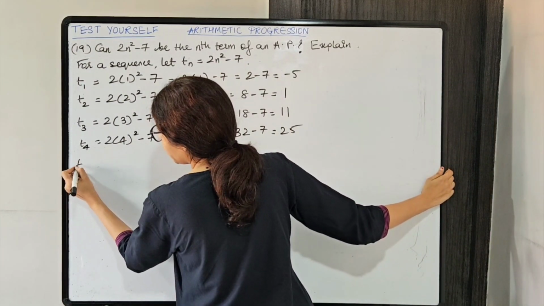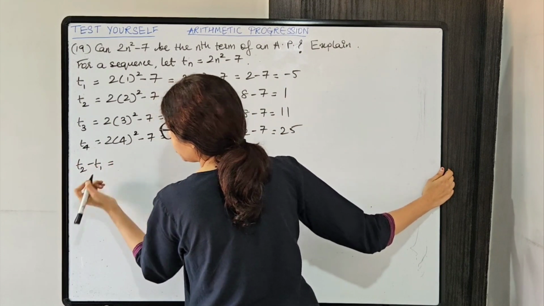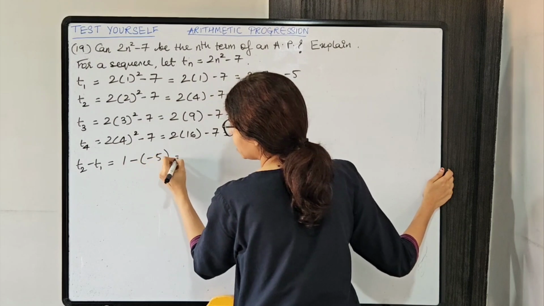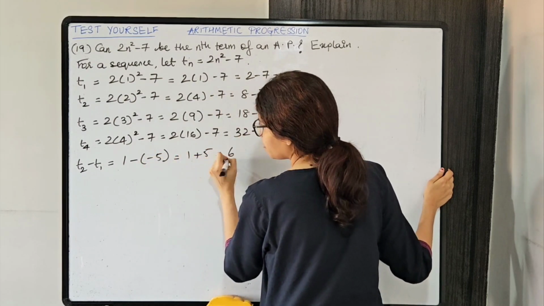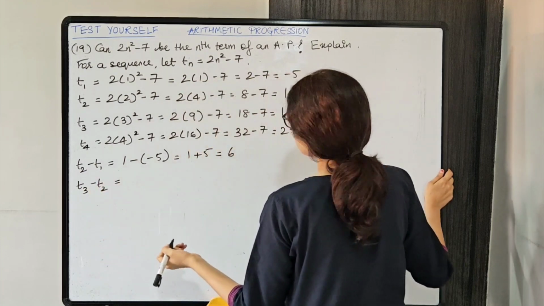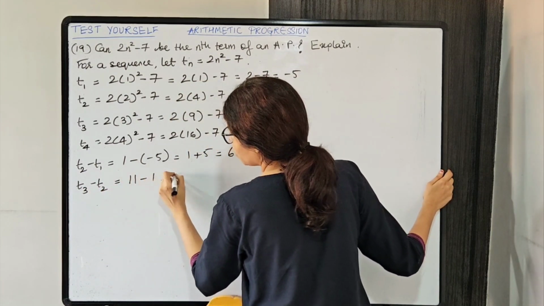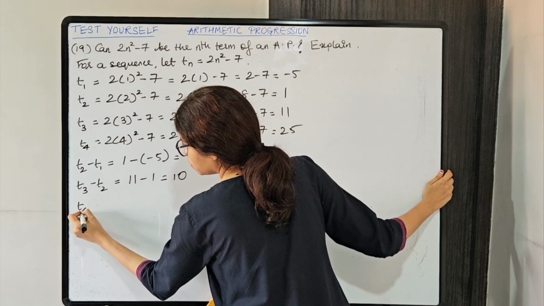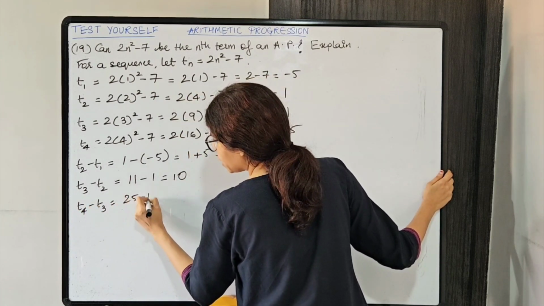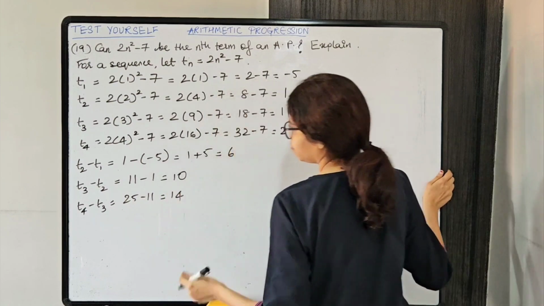Okay, so find out the difference between the consecutive terms. It is 1 minus minus 5, that is 1 plus 5, 6. T3 minus T2, it is 11 minus 1, which is 10. T4 minus T3, 25 minus 11, that is 14.